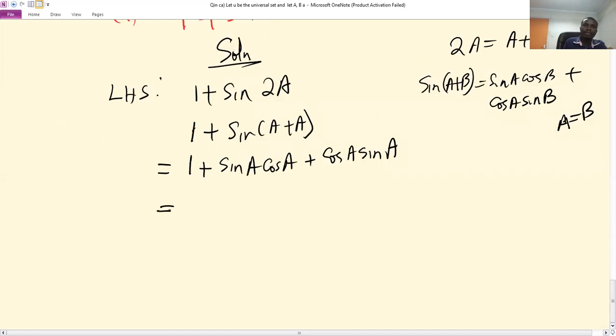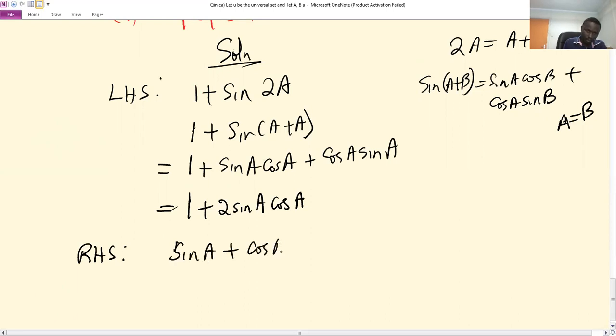And you see this will be the same as 1 plus, this will be two of them, 2 sine of A cos of A.